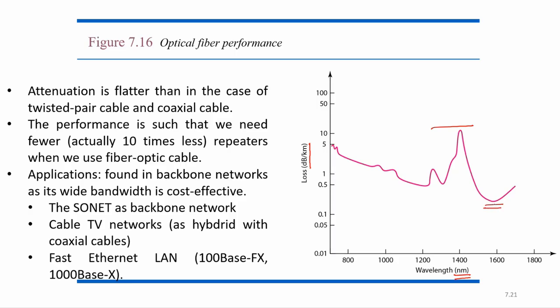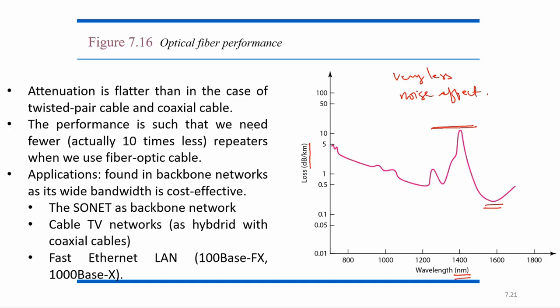So in terms of noise effect in optical fibers, very less is there. Attenuation is flatter than in the case of twisted pair and coaxial, so very less attenuation or loss is there.